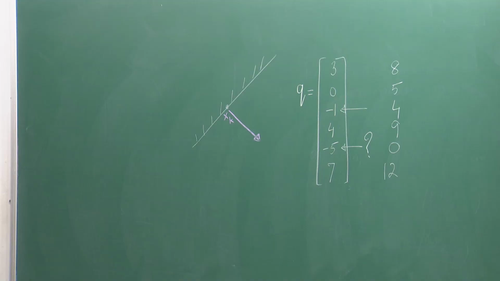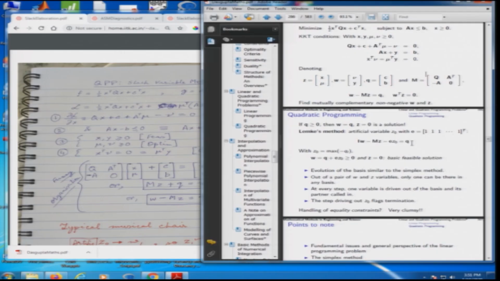Then all of them become non-negative, which is what you wanted. Then you say z equal to 0 and w equal to whatever is on this side. So, now z 0 you have taken as this, and that gives you the rest of the vector z equal to 0 and w equal to this much, which is non-negative, and this you consider the basic feasible solution.